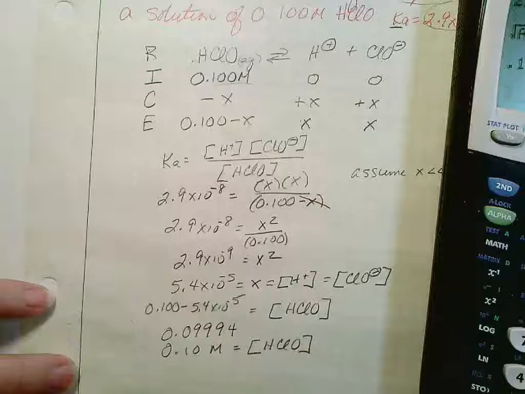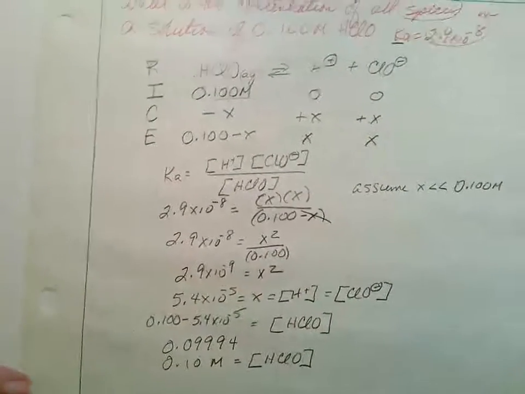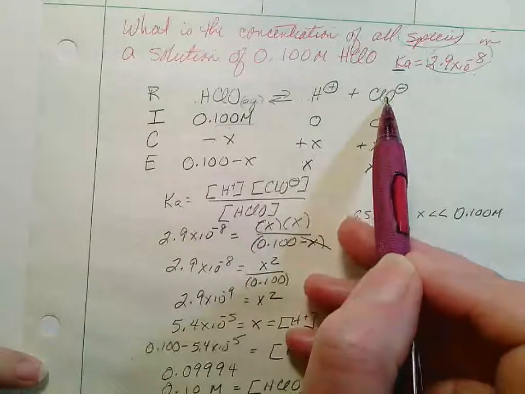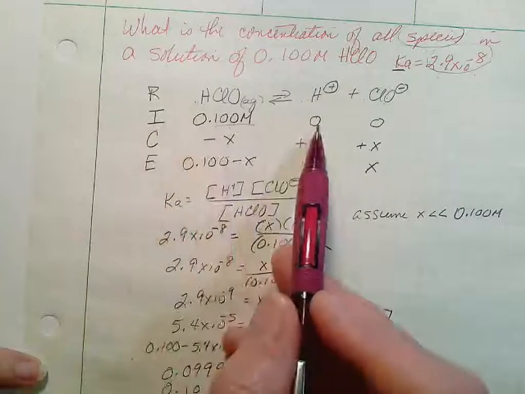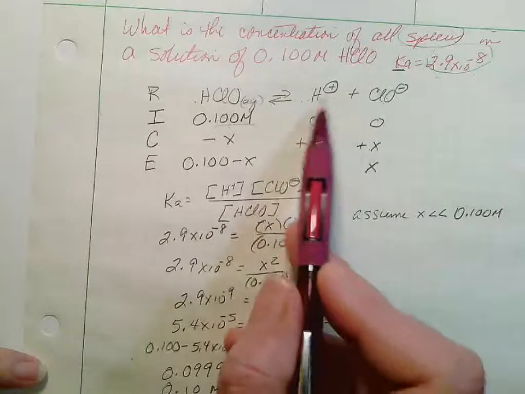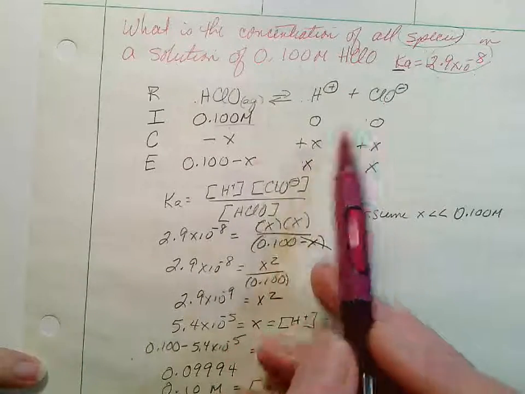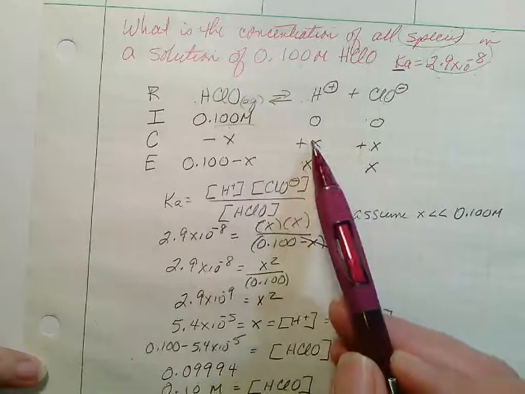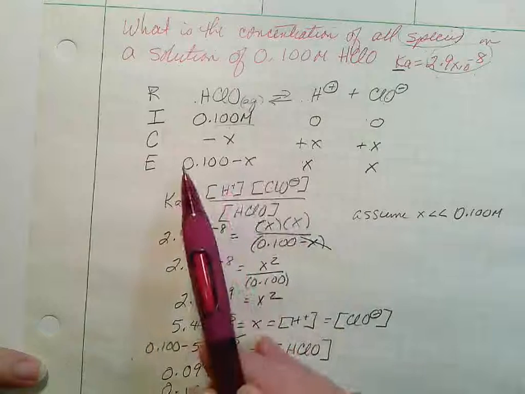So a RICE table means that you're going to first write out the reaction. Then you're going to write out your initial. And if they don't give you anything about the pH or concentrations of products, they are 0. You're going to lose some of your reactant and gain the same amount of products for each of the 2 products.